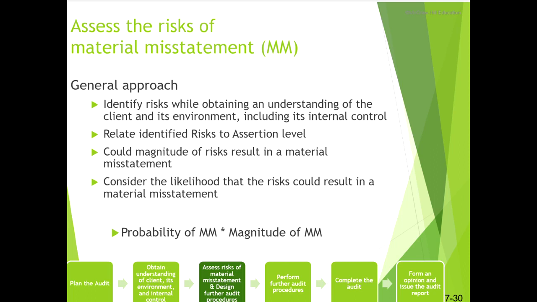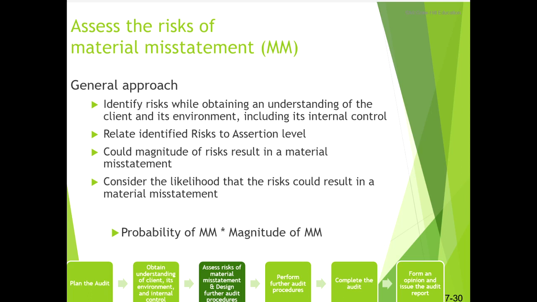And remember, we took those assertions and applied them to a significant account to come up with the audit objectives, right? So we'll have an audit objective of completeness related to accounts payable, for example. And so we need to relate the risks to that audit objective and assertion.